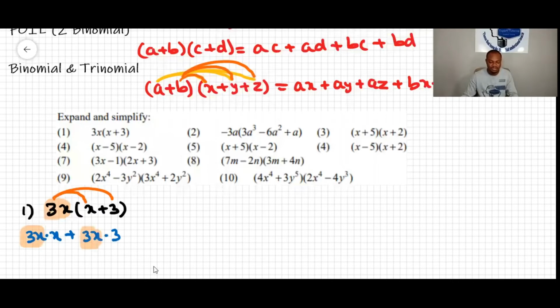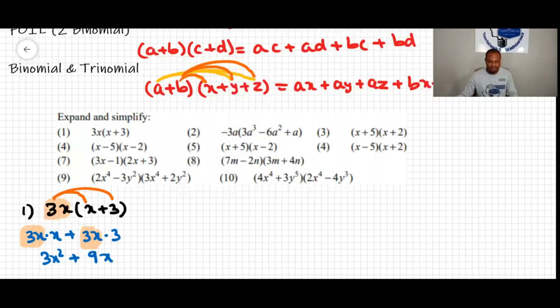And then 3x times x, according to the law of exponents, makes 3x squared, plus 3x times 3, which makes 9x. Because here we have a constant 3 times 3 that makes 9, and then we also multiply by x there. Here the constant was only 3, so we just keep 3. And then x times x makes x squared.